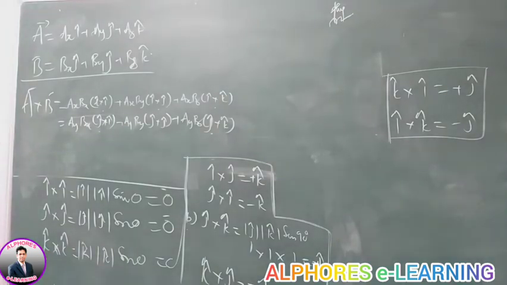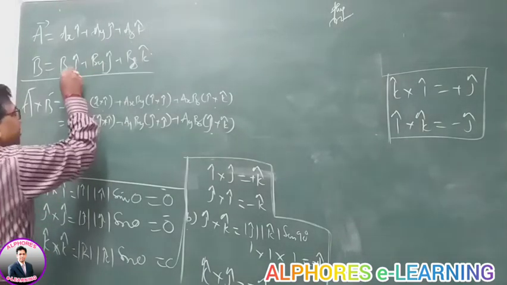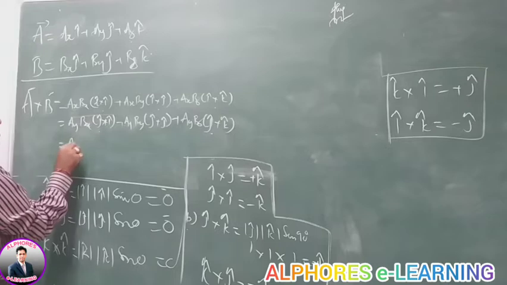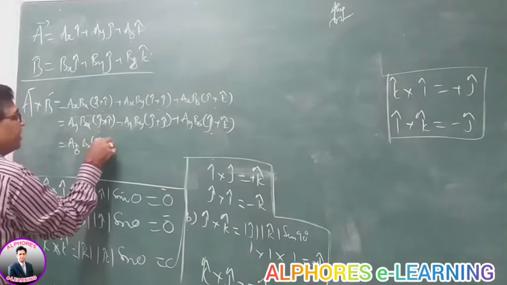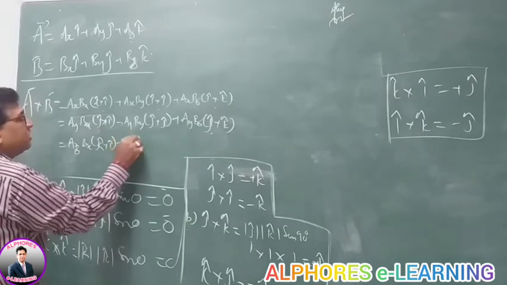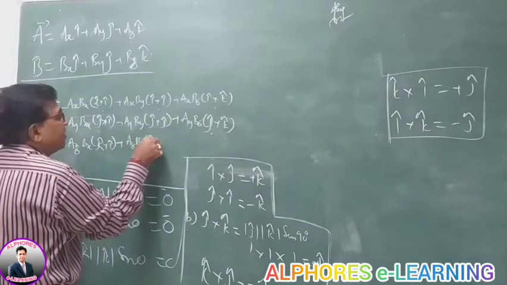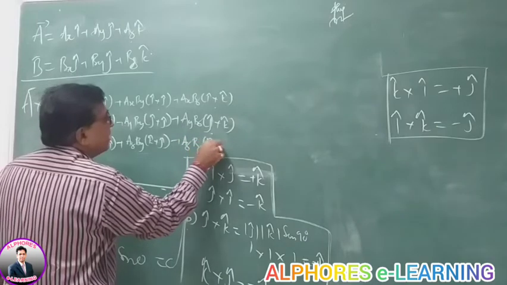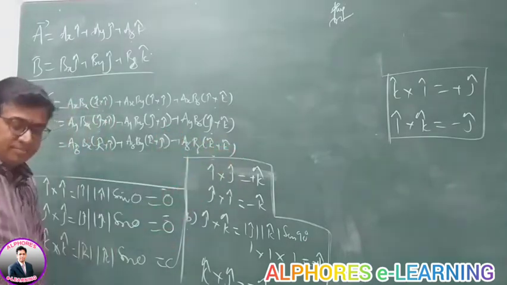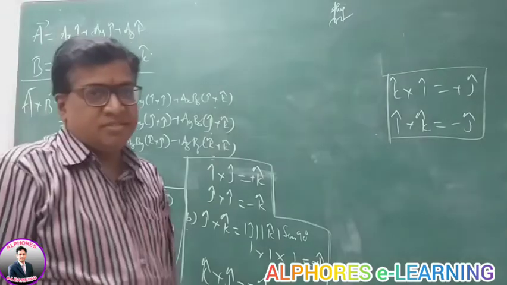And finally the third term to each term: Az Bx times k cross i, Az By times k cross j, plus Az Bz times k cross k. Totally we get 9 terms.